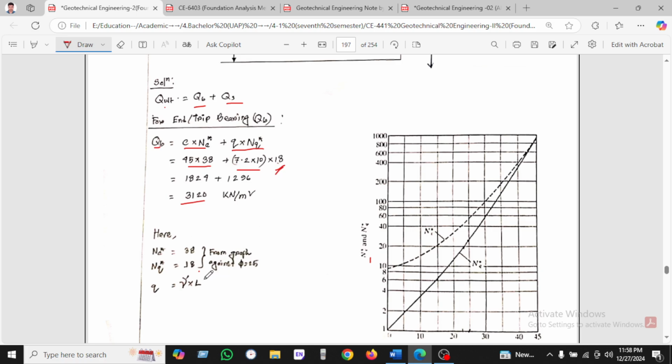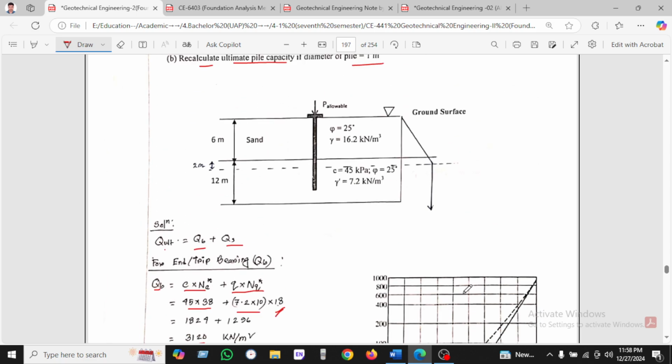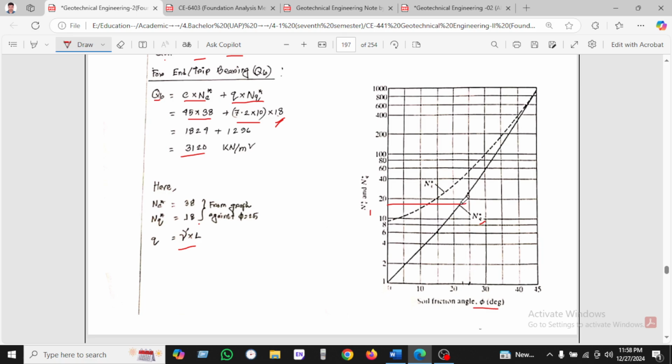NQ is 18. Now q equal to gamma prime into Df. So NQ is taken 18. Our angle is 25. So if we go to the 25 angle, then we find the intersect point and found this is NQ.